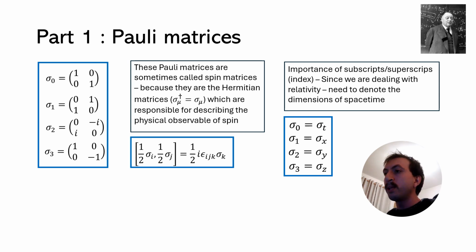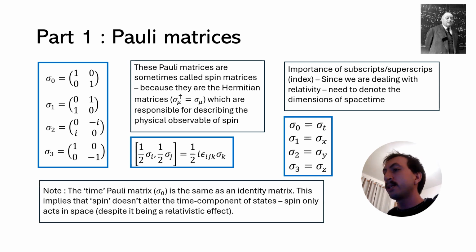And between these three matrices, we have a cyclical relation between the commutators. So if we take the commutator between sigma 1 and sigma 2, we'll be left with some fraction of sigma 3. Now sigma 0 is an identity matrix, so it's not doing anything.